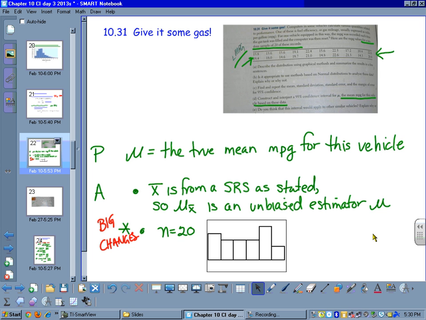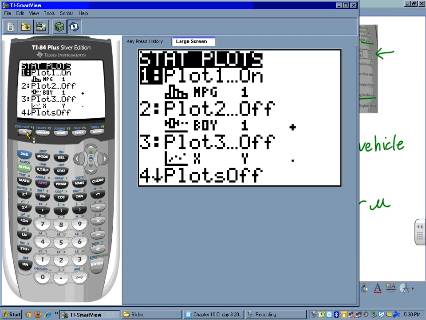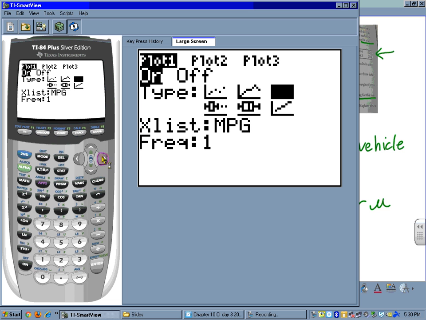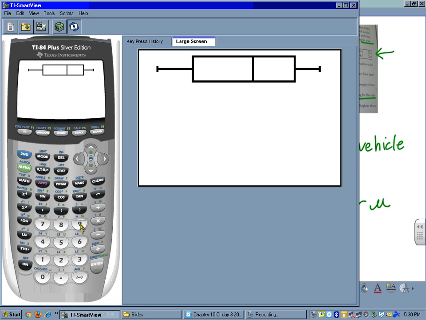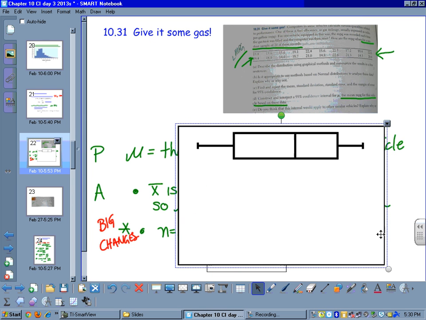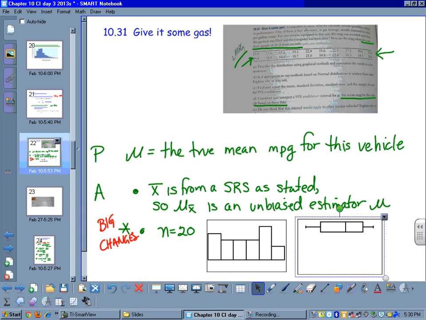Now, the other thing I would do, and you can really do one or the other, but I would look at both, is a modified box plot, because this calculates the outliers, and then you can say with confidence that the skew is not too severe here because the boxes are relatively the same. The width and the whiskers are somewhat similar.